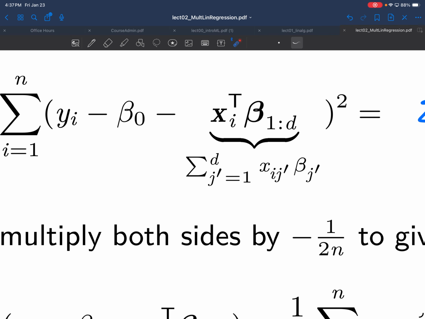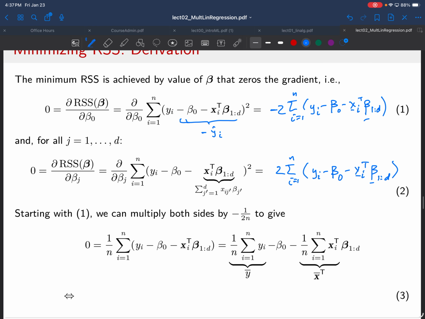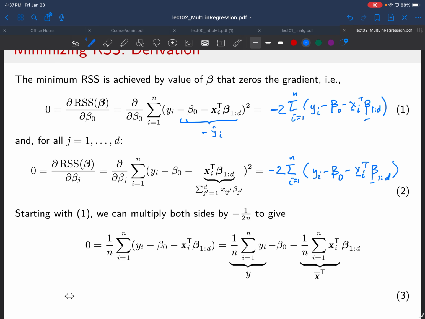Okay, so we said these things don't involve the derivative. Now, let's say I take the derivative of this with respect to beta j. What's that going to be? Negative xij. Yes, exactly. We have a negative xij. So over here, we're going to have our negative, and over here, we're going to have our xij.